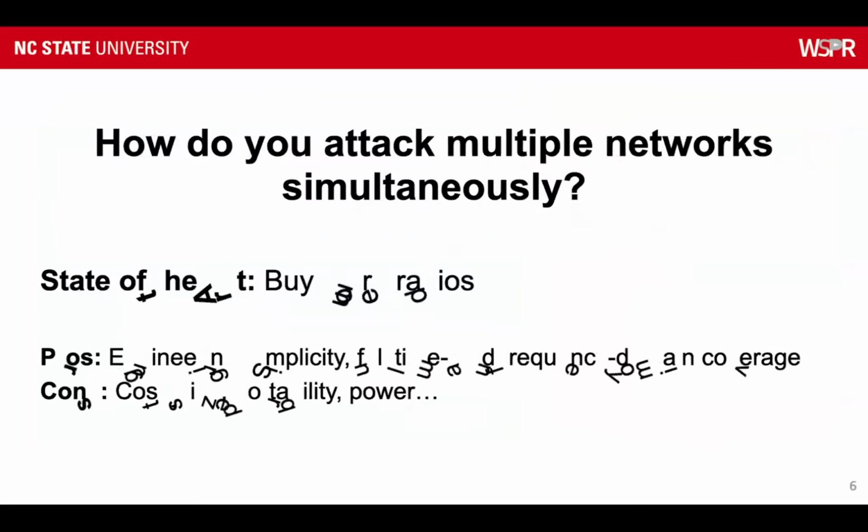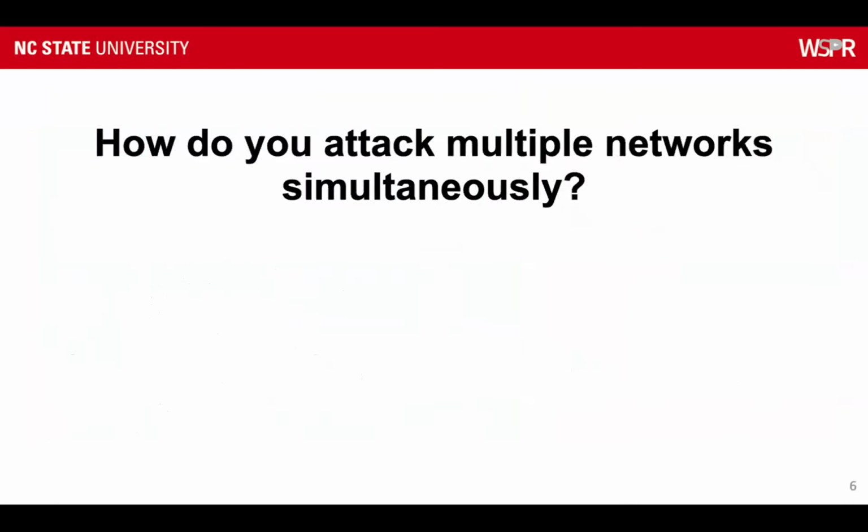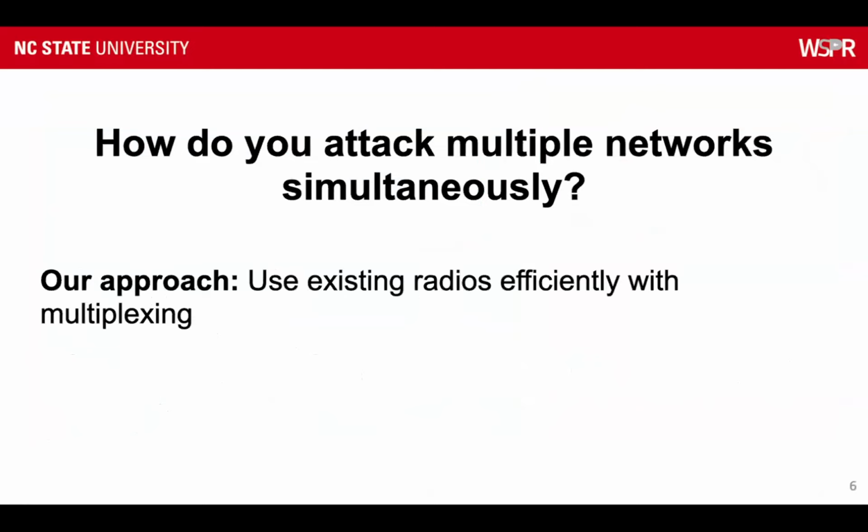So we need a better solution than this because research labs can't replicate the scenario. How do we get around this issue? Well, in this work, we're going to propose using a single radio efficiently by multiplexing it to listen to all cells simultaneously. Now, I say simultaneously, it's not actually listening to every cell simultaneously, but I'm going to get into that in just a moment.